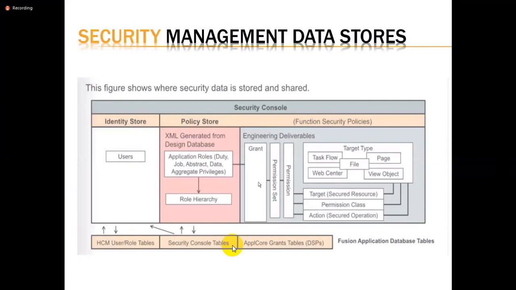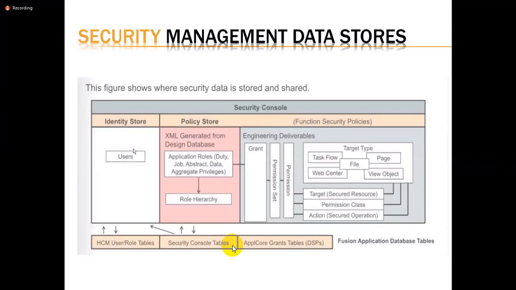So what happens as data is distributed among these three different sources, to make sure all this data is in sync. Example, there is a duty role that is changed. When a duty role is changed, whatever change happened to the duty role should be reflected to the user when the user accesses the screen.